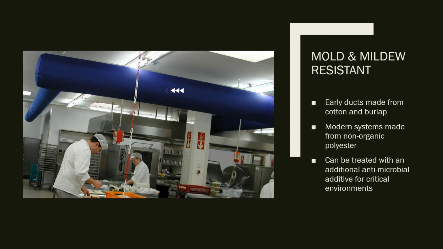In terms of mold and mildew resistance, again, because our fabric is a highly engineered polyester, it does not rust, it doesn't sweat, and it doesn't corrode. It's a non-organic material, so it does not provide a food source for microbes to feed on and grow. So you don't have to worry about the old ducts that used cotton and burlap; nowadays we don't have that issue.